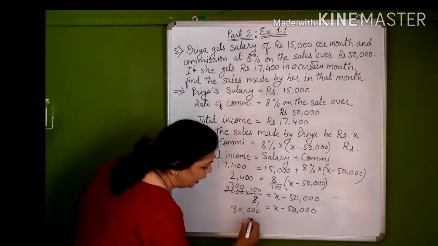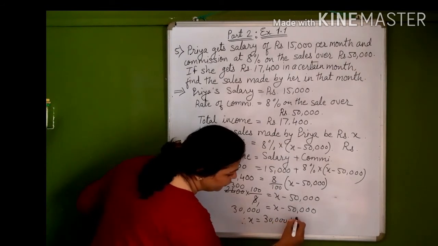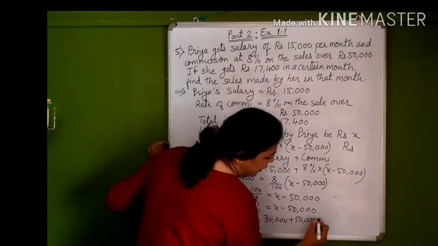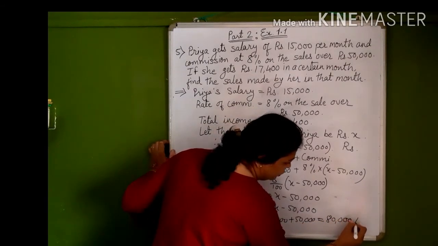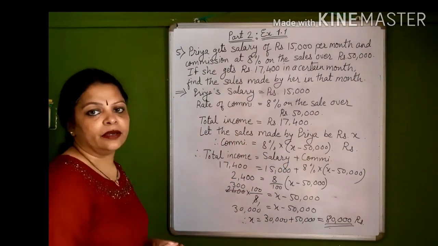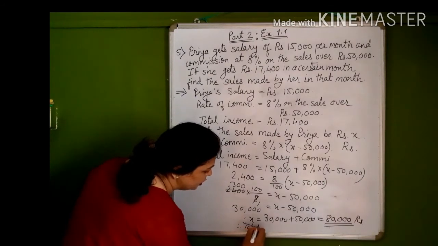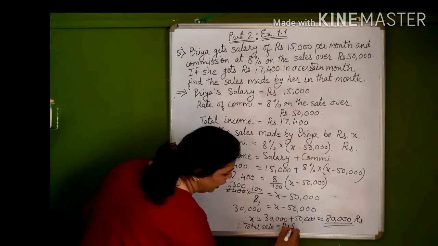So you get X is equal to 30,000 plus 50,000, that is 80,000 rupees. So this is the total sale made by Priya. So you can write over here, therefore total sale is rupees 80,000.